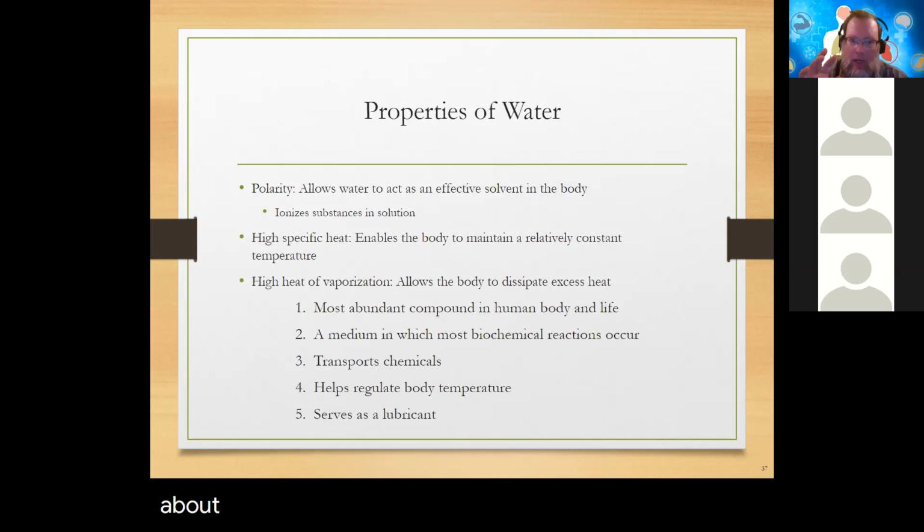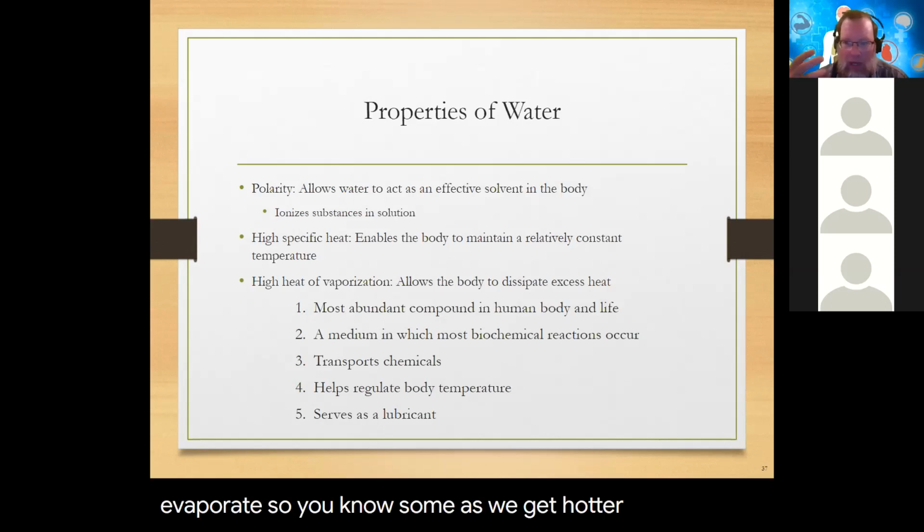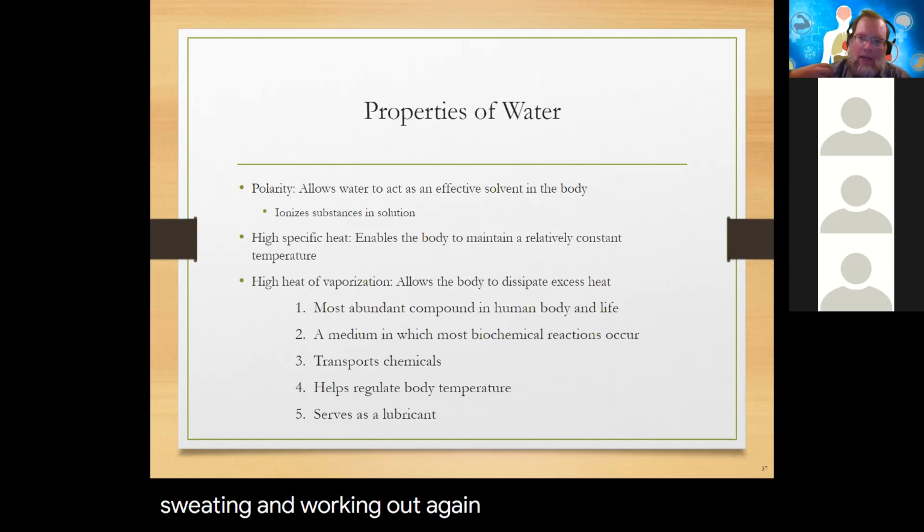We'll talk about evaporative cooling and high heat of vaporization. So vaporization just means it's able to evaporate. So as we get hotter and are sweating and working out, again, that water is going to pull the heat with it as it evaporates off of the skin.